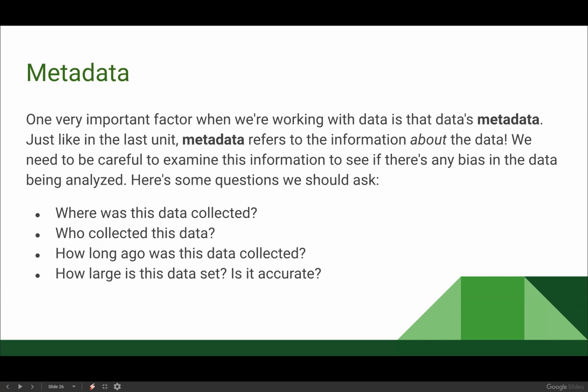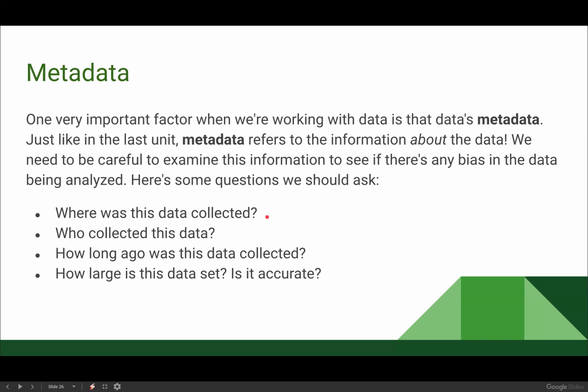So all this information is called the metadata for the information we're looking at. Just like last unit, metadata is referring to information about information. So we want to examine the metadata for any kind of data we're studying to see if there might be bias in the data that we're analyzing.